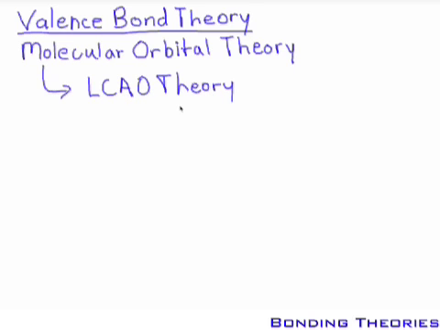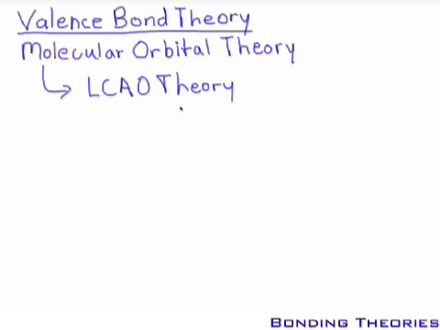LCAO theory simply states that atomic orbitals can overlap to generate molecular orbitals. Well, that sounds simple enough. Atomic orbitals can overlap. But let's pause for a second.